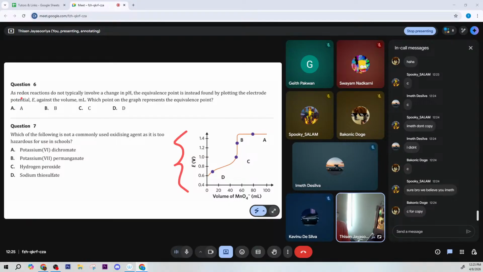So here it says a redox reaction does not typically involve a change in pH. The equivalence point is instead found by plotting the electrode potential E against the volume in mL. What point of the graph represents the equivalence point?